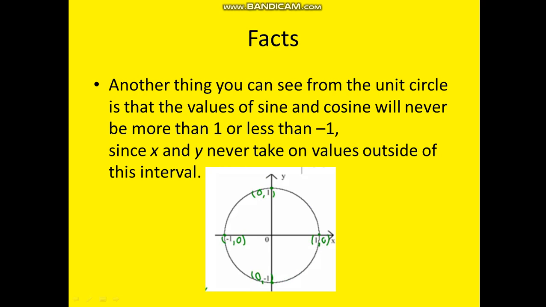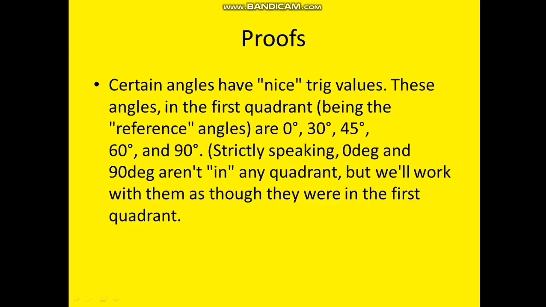With that at the back of your mind, we are going to apply this concept to the special angles of 0, 30 degrees, 45 degrees, and 90 degrees in any of the quadrants, and we'll be able to work out the equivalent values of these angles in other quadrants.